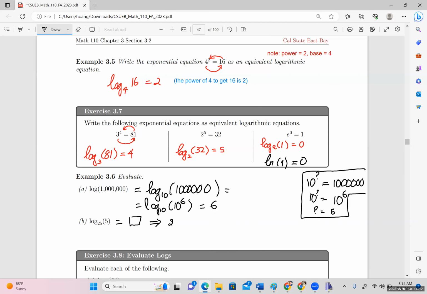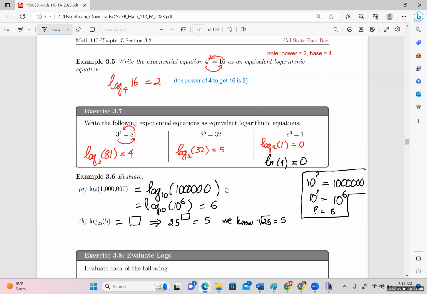I say 25 raised to the box will be equal to 5. How can I do that? We know that the square root of 25 is equal to 5, right?